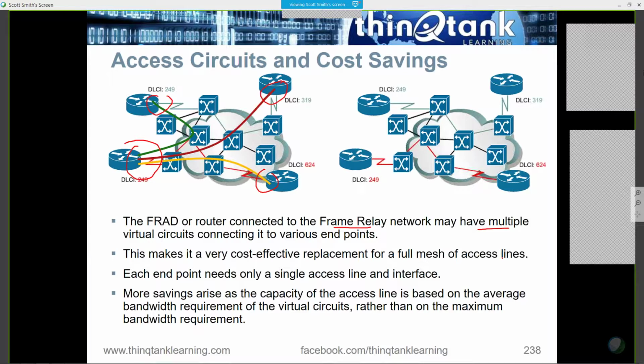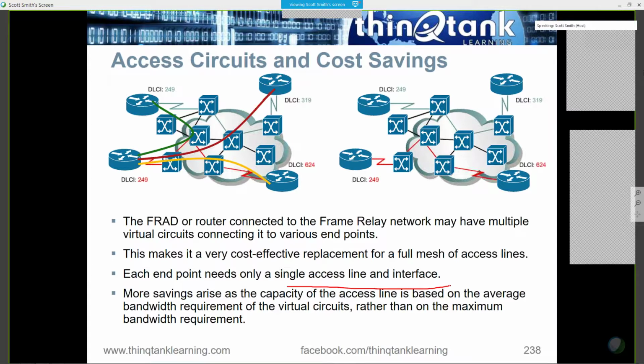All right? So two ways to implement frame relay. You can implement frame relay as a point-to-point solution, or you can implement frame relay as a multi-point solution. Each endpoint needs only a single access line.